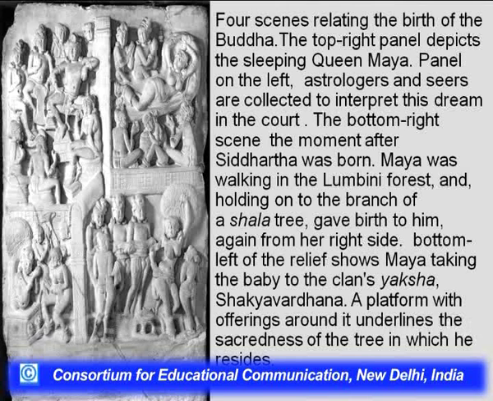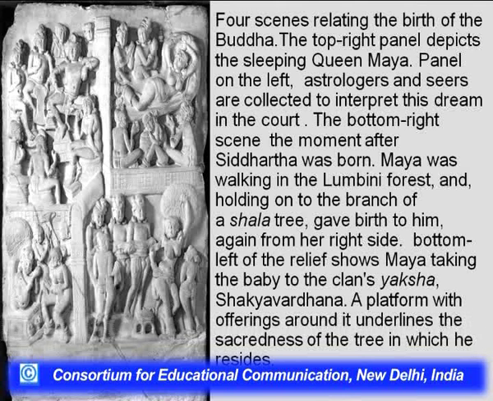The first scene on the top right panel depicts the sleeping Queen Maya, who dreams of Buddha descending into her womb as a white elephant from the Tushita heaven, as she is reclining on a couch, and all her attendant ladies are around her.